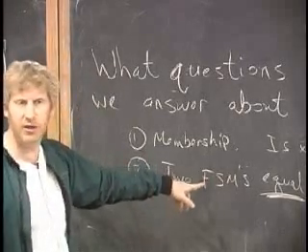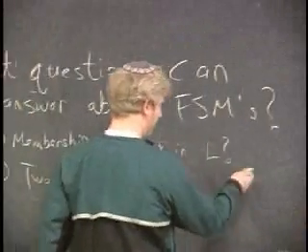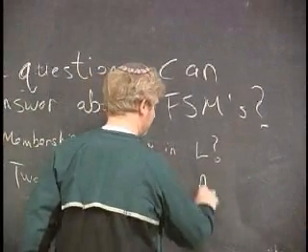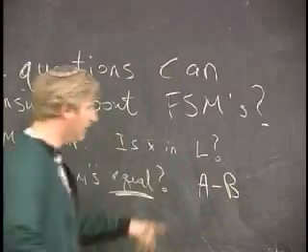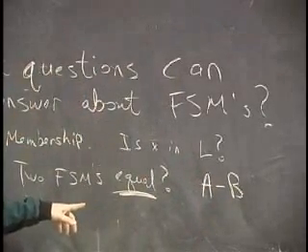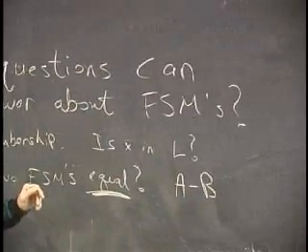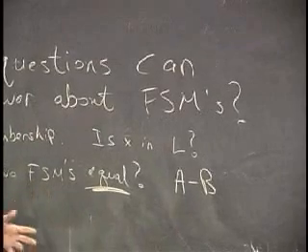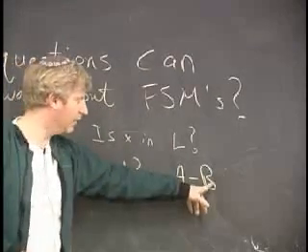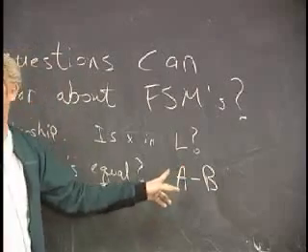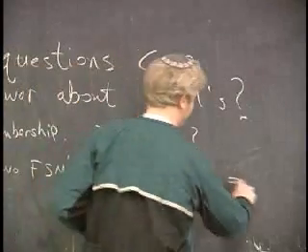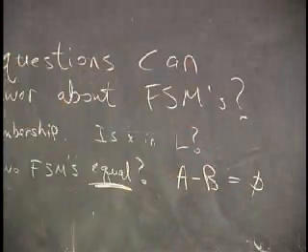If two FSMs are equal, let's call them A and B, then if you calculate their difference, what should that equal? Nothing. Should equal nothing, right? If you take away all the strings in B from all the strings in A and they're equal, then you should get nothing. Now how do you calculate A minus B?